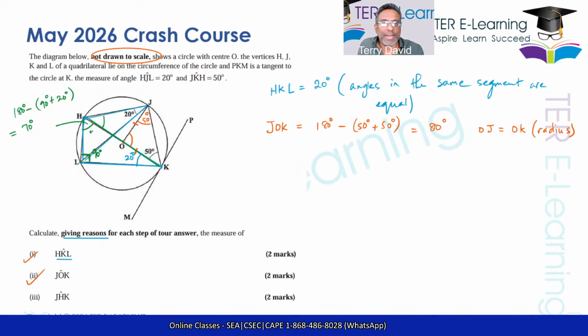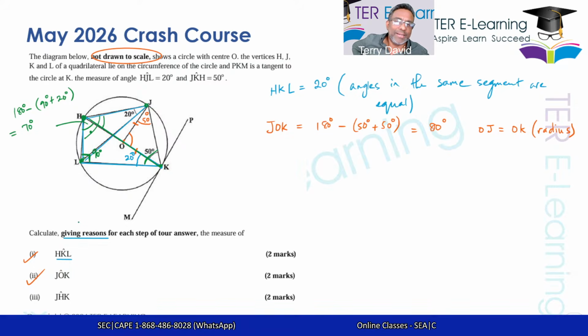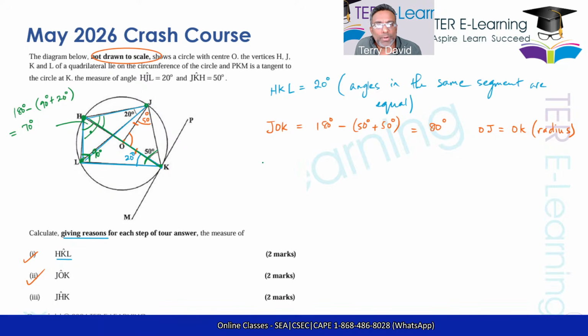Now, I'm going to make use of the fact that H, J, K, and L are on the circumference of the circle, so they form a cyclic quadrilateral. So this whole angle here and this whole angle here are supplementary. So we can say 180 minus the 20 plus the 50, so that's going to be 180 minus 70.